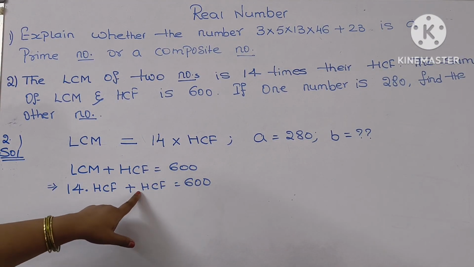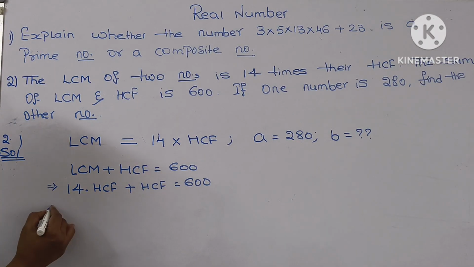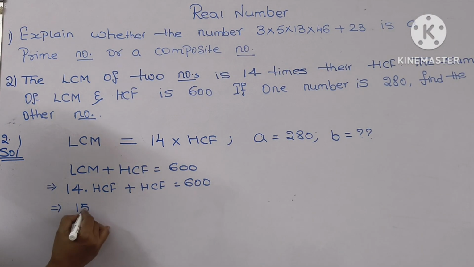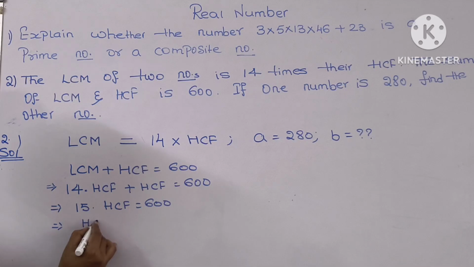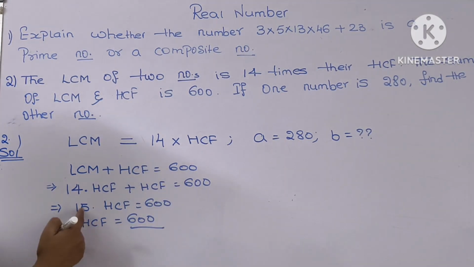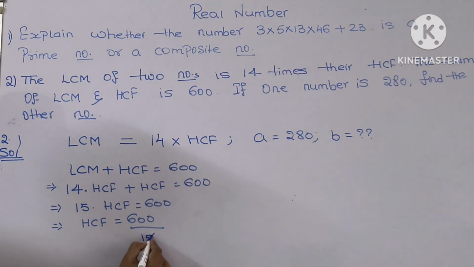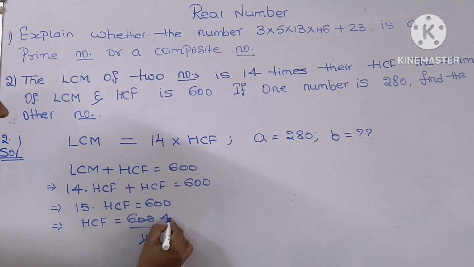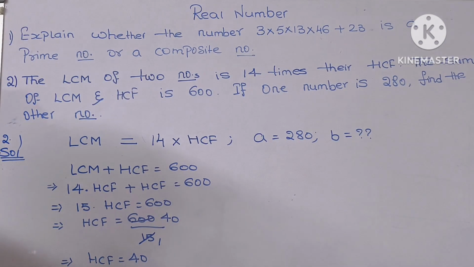This is 14 HCF, and the other is 1 HCF, so 14 plus 1 becomes 15 HCF. 15 HCF is 600. So HCF equals 600 by 15, because 15 is multiplying and on transposition it will divide. 15 ones, 15 fours are 60, put the 0 as it is. So the HCF of the given numbers is 40.